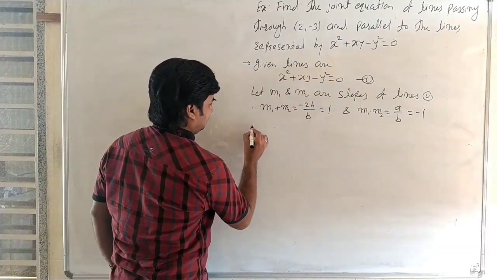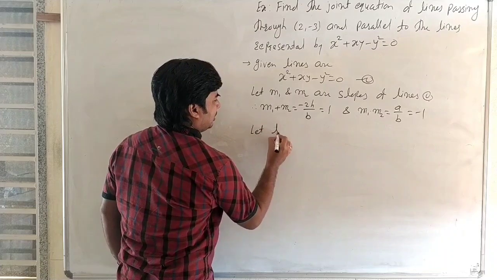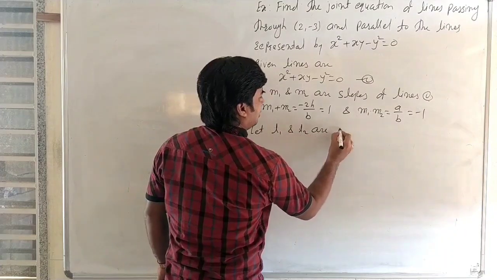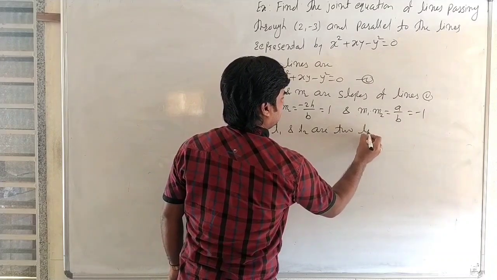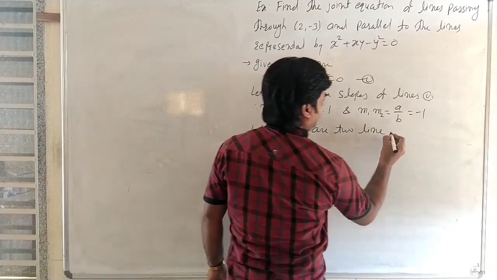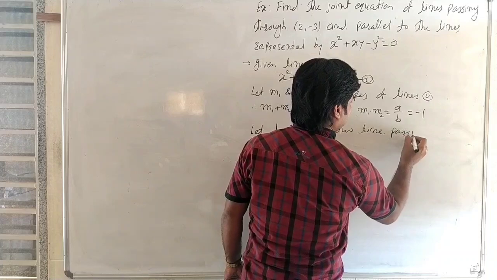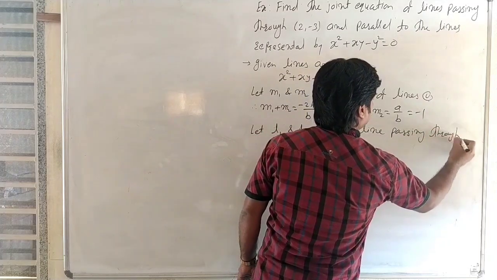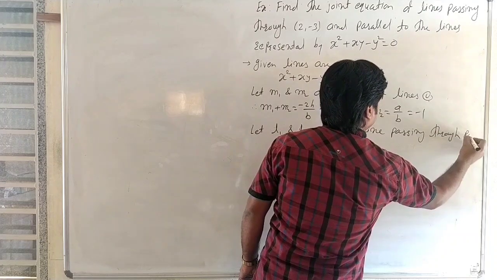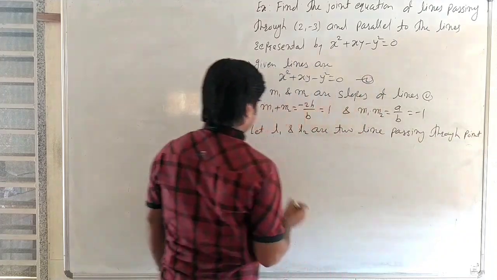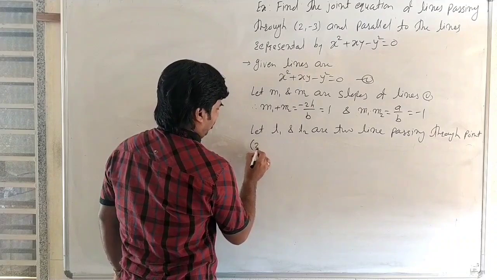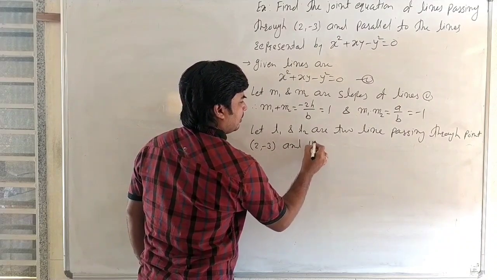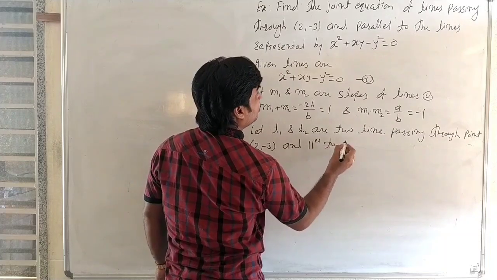Now let L1 and L2 be two lines passing through the point (2, -3) and parallel to lines 1.